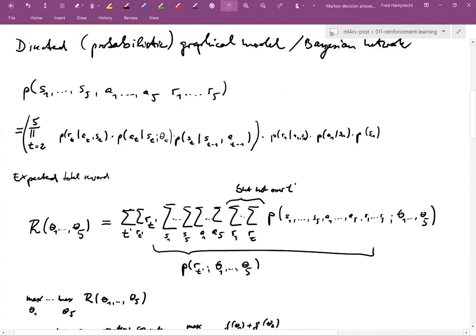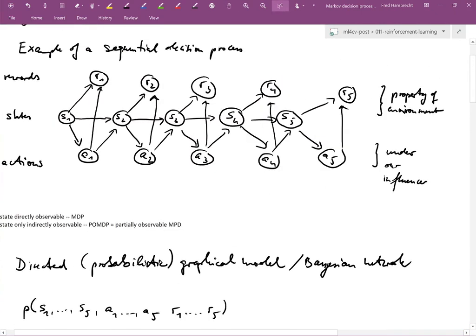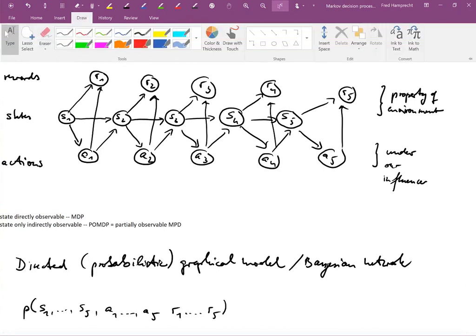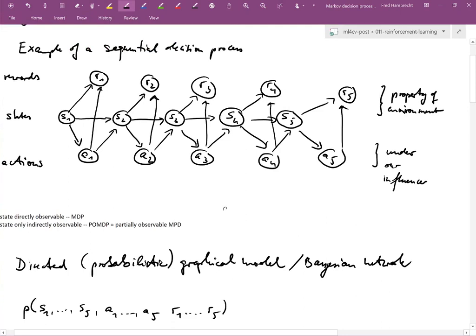But this also means if I look at it in terms of a graph, let's see if I can draw, then I have a node for my parameters, let's say, and this node with parameters is then coupled to all the actions. And similarly, I will have a world model which is constant over time. If you look at it in terms of a graph, this now means my graph has become much more loopy.